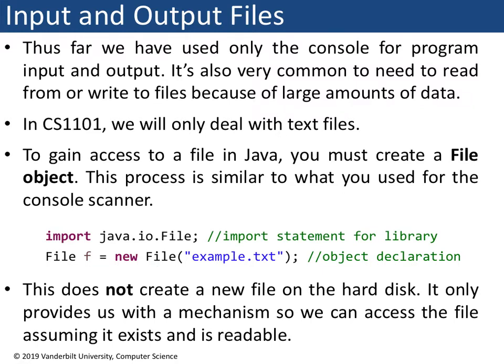So this will construct a new object, that is, allocate the memory and give an address for the location of this object in the heap, and then we're assigning the location of that object into this file variable f. And we'll use this file variable f, which points to our file object, to manipulate and get the data from the file example.txt.